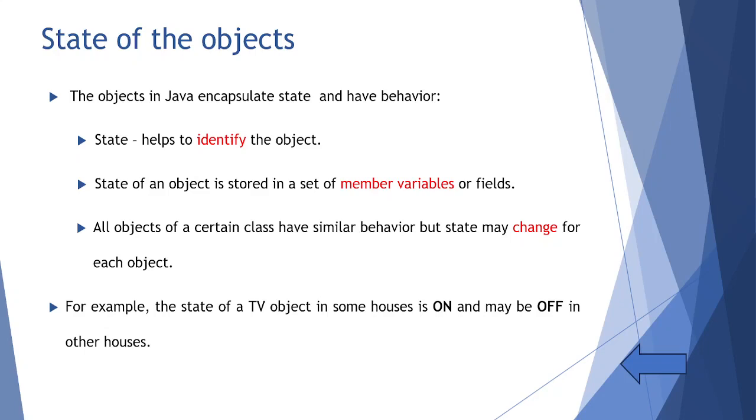These are memory locations, which we will understand. Now, all objects of a certain class have similar behavior, but state may change. Behavior is almost the same, but state may change.